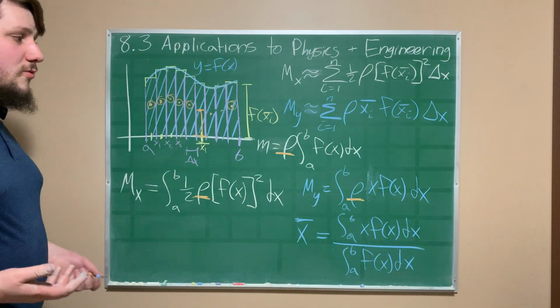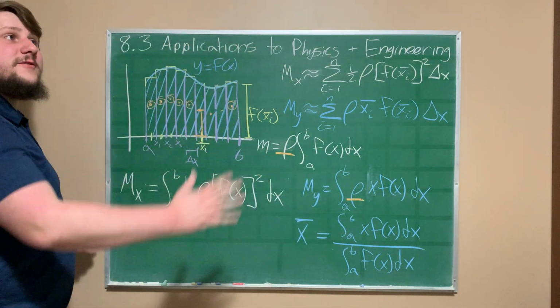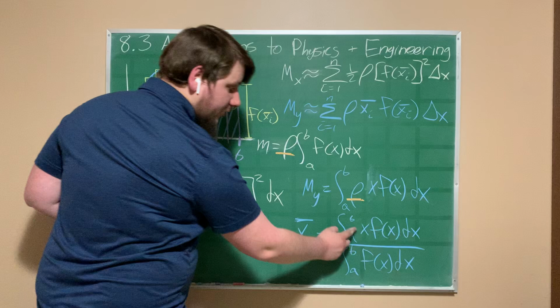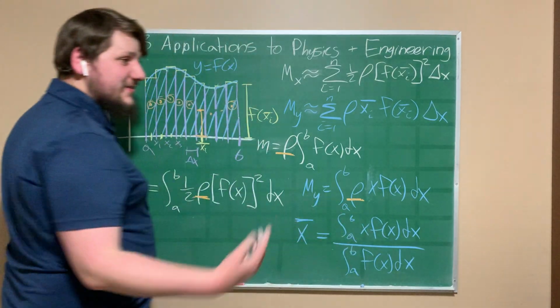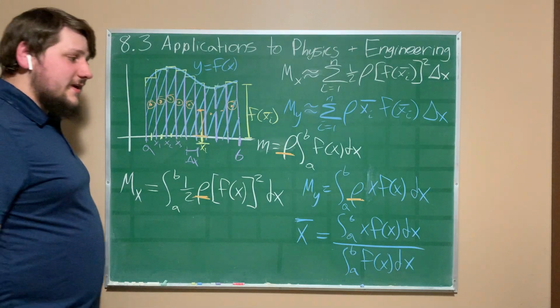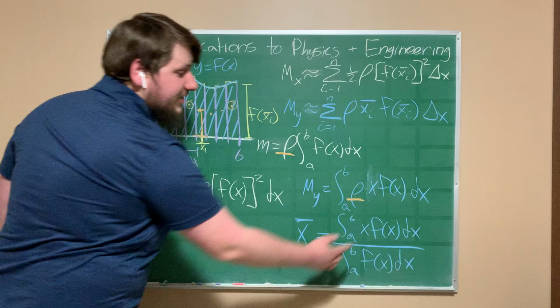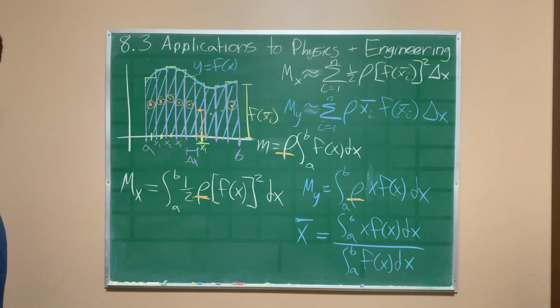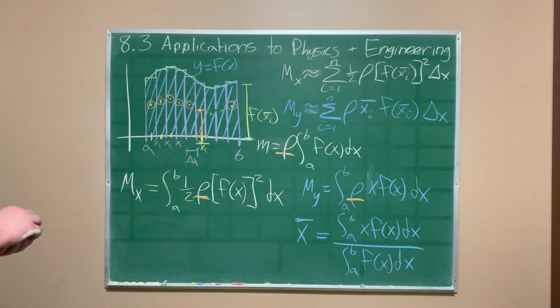There's no more canceling that I can do here. The rhos cancel each other out because they can be factored out of the integral. But these integrals can't be canceled because multiplying by x inside the integrand is not the same as multiplying by x outside. This is actually changing the height of the graph at each point. So this is the simplest form that we can write x bar in.